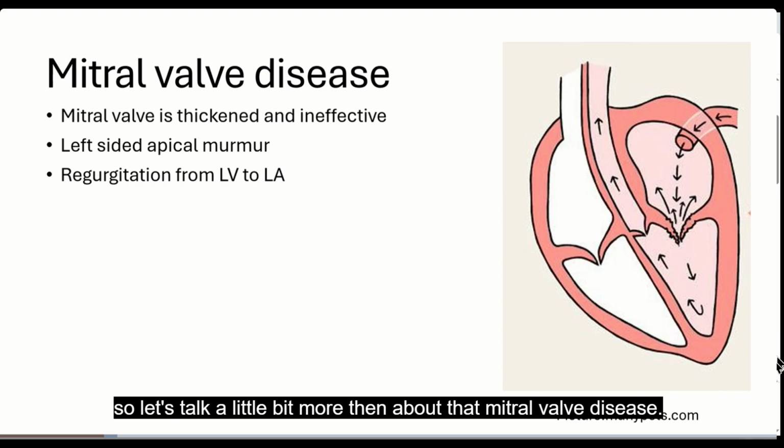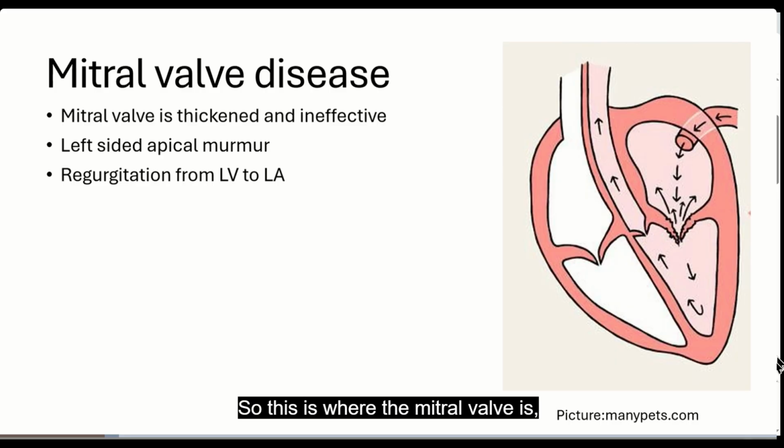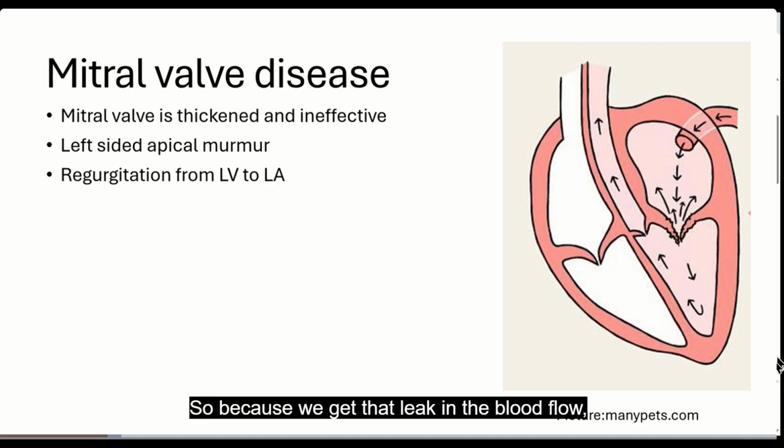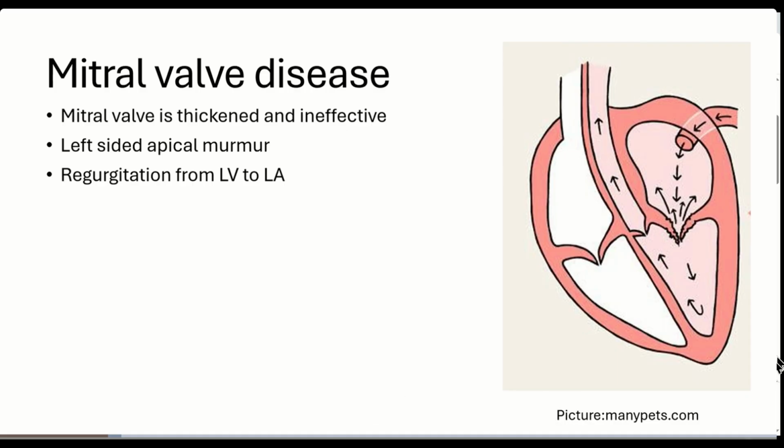Okay, so let's talk a little bit more then about mitral valve disease. This is where the mitral valve becomes thickened and ineffective at doing its job, which is stopping backflow of blood from the left ventricle into the left atrium. Because we get that leak, instead the blood is going backwards through the mitral valve in systole.